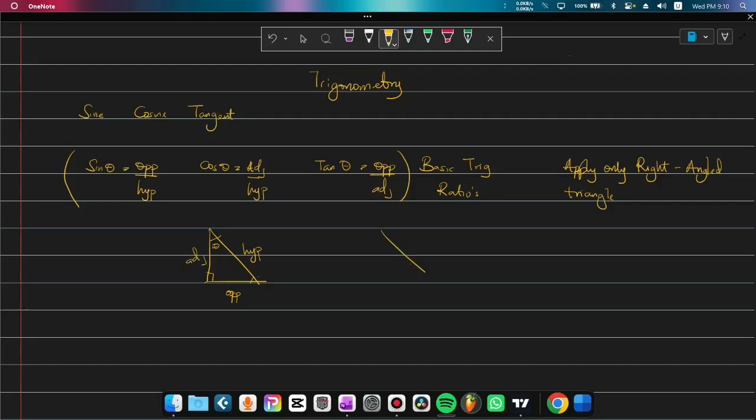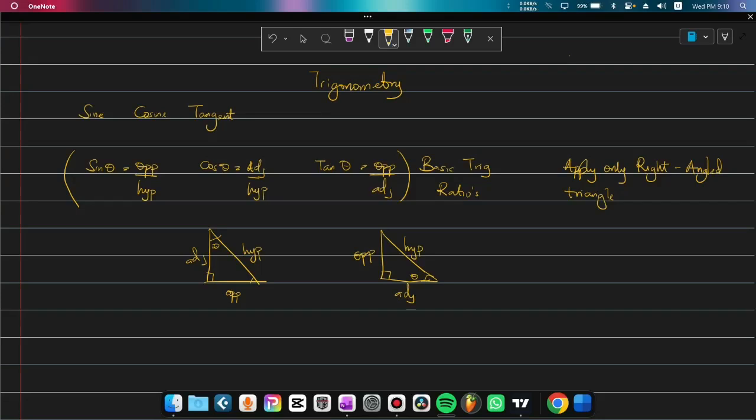What if for the same triangle, we have the angle at this side, then this would be the opposite side. This would be the hypotenuse, because angle 90 is still facing this direction, and this would be the adjacent side of the triangle.